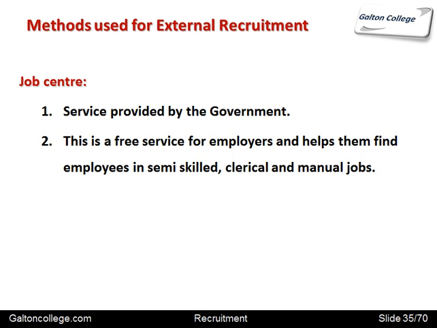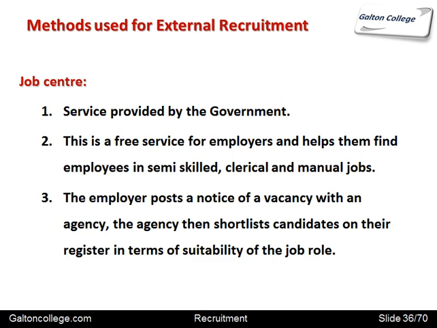And in a sense the job centres are pre-selecting the candidates. So some of the work is done for the HR people within the organisation. The candidates who arrive have in a sense been pre-selected, have been filtered as appropriate by the job centres.